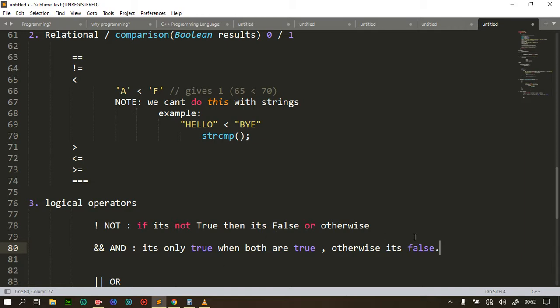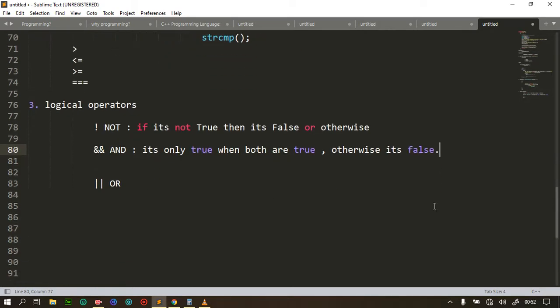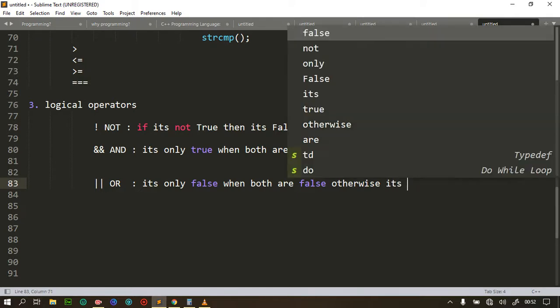So and is only true when both are true, otherwise it's a false. Then we have or, it's only false when both are false. Otherwise it's true.